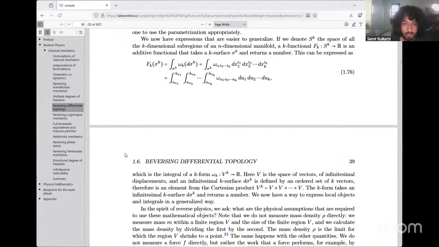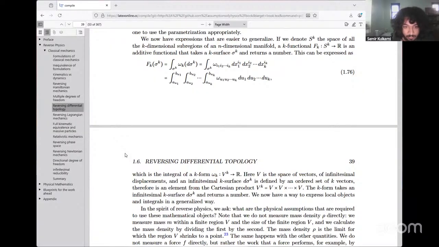Which is the integral of a k-form omega_k from V^k to R. Here, V is a space of vectors of infinitesimal displacements, and an infinitesimal k-surface, d sigma_k, is defined by an ordered set of k vectors.